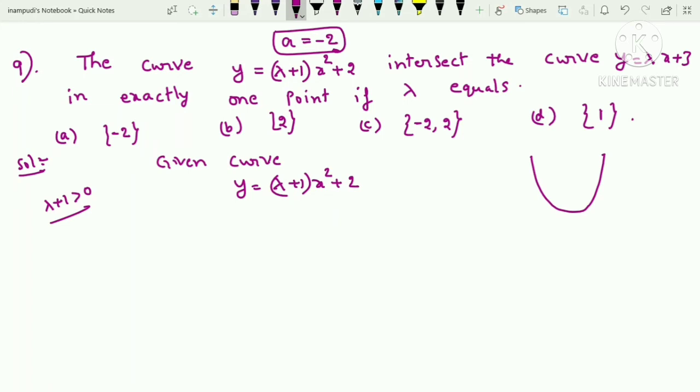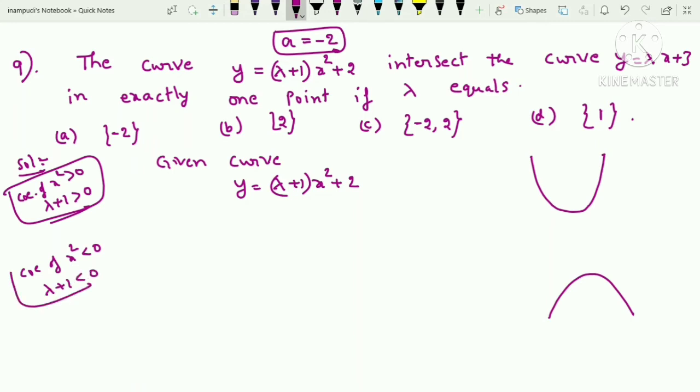Lambda plus 1 here is the coefficient of x square, and if the coefficient of x square is greater than 0, this is the upward direction. If the coefficient of x square is less than 0, that means lambda plus 1 is less than 0, this is in the downward direction.